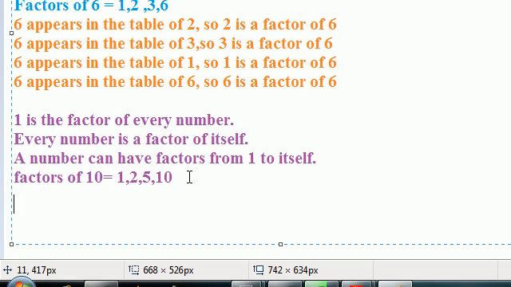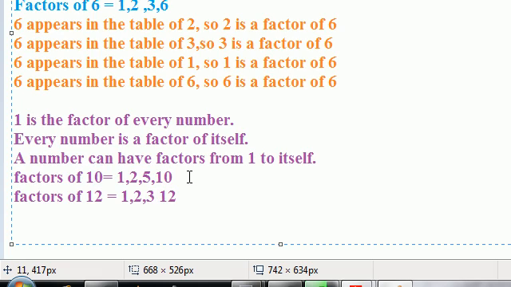Similarly, let's say factors of 12. We will start from 1. 1 is a factor of every number, and a number is a factor of itself. So we will have to check for all the numbers between 1 to 12. We check for 2, yes, 12 appears in the multiplication table of 2.